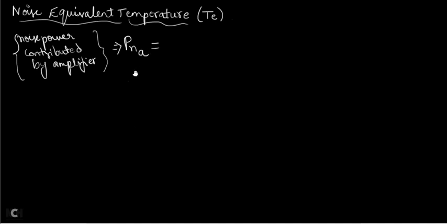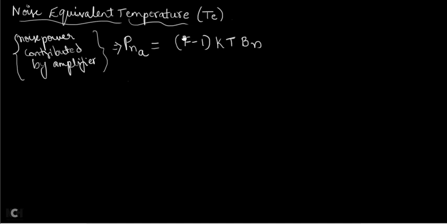This we have derived in the previous video lecture, and PNA we have derived as F minus 1 into KTBN. F minus 1 into KTBN. This is what we have derived in the previous video lecture.